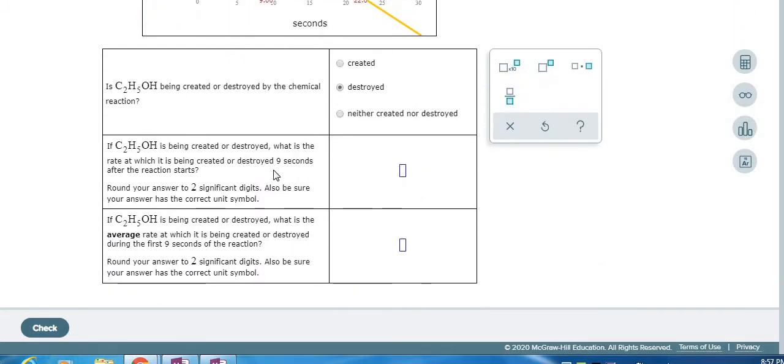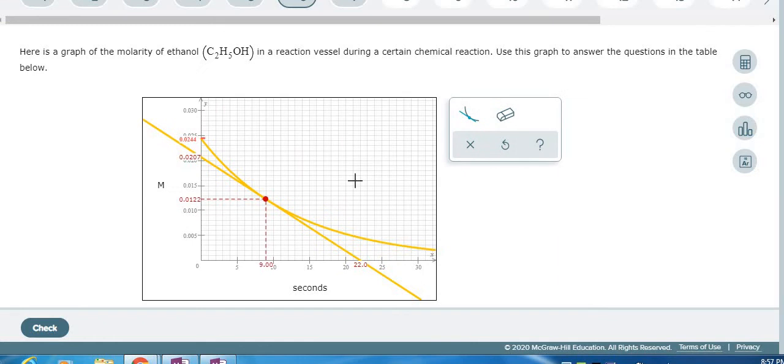Okay, so it wants to know the instantaneous rate at exactly 9 seconds, and it wants it to 2 sig figs. Well, what I can do is I can see that from 0 to 22, that's a magnitude of 22, and from 0 to 0.0207. So in order to calculate the slope of that tangent line, I can take this value right here, 0.0207.